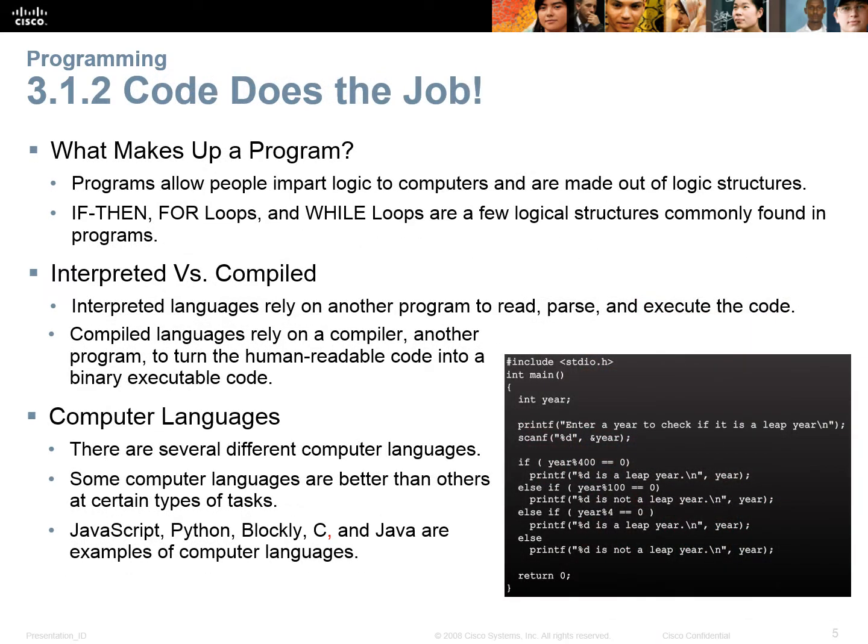So what makes up a program? Usually, programs allow people to impart logic to computers and are made out of logic structures, for example, conditional statements. There are also two types of programs: interpreted versus compiled. You're familiar with this, for example, with web browsing, with HTML, the code is automatically interpreted by the browser, while C Sharp and C++ need to be compiled.